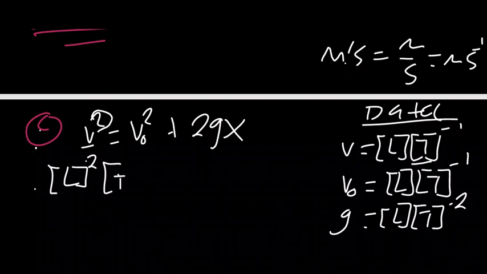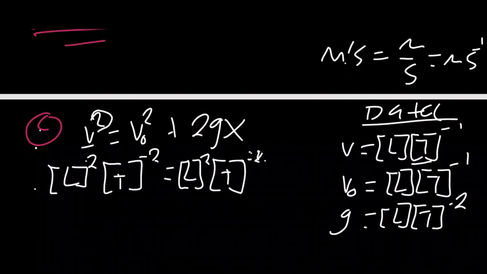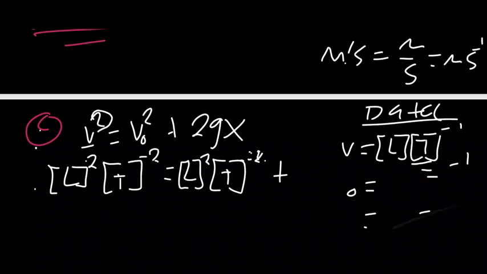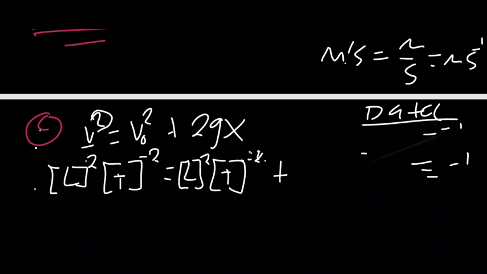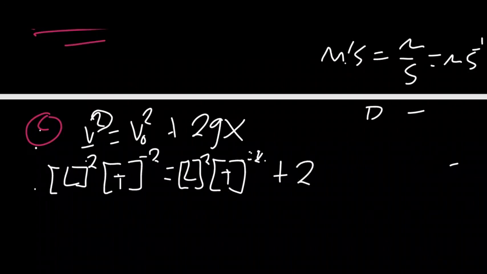Then if we also do the same here, we're going to have T to the power -2, and this will be squared, and this will be T to the negative 2, plus 2g is actually L, then you have T to the power negative 2.